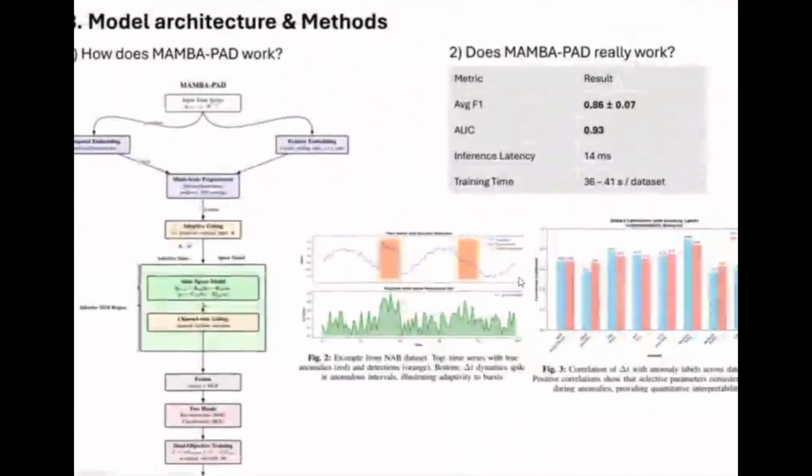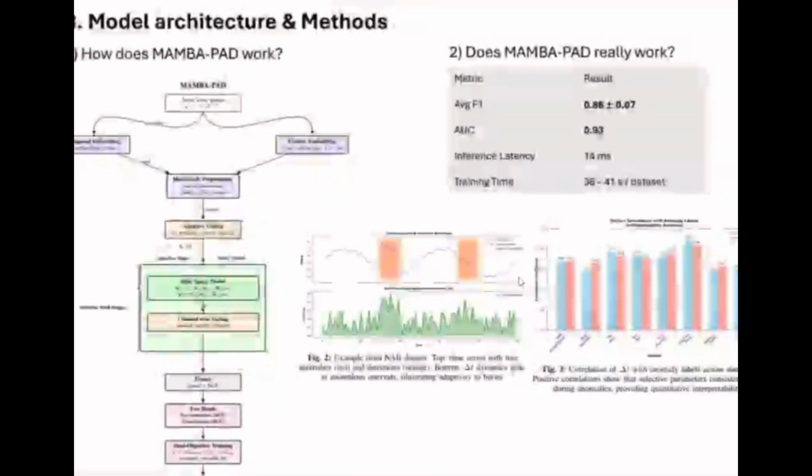So, does MAMBA-PAD really work? Moving to the results on the right, we evaluated MAMBA-PAD on 8 public benchmarks, including NAB, SMAP, MSL, NYC taxi, ECG anomaly, machine temperature, network traffic, and CPU utilization.